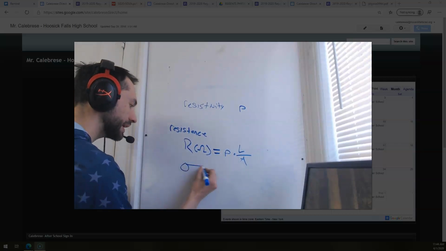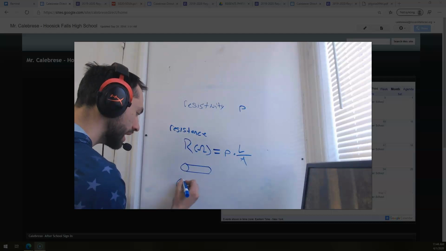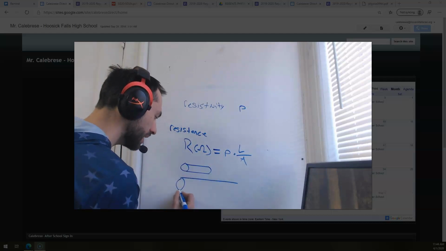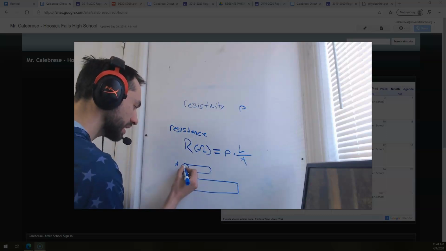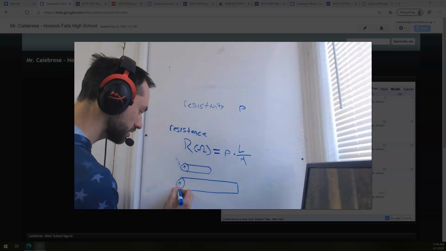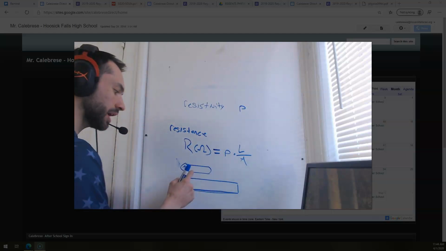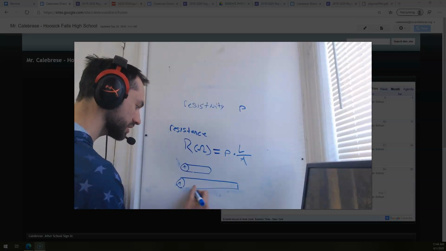And so if you have two things that are exactly the same material, one looks like that, and one looks like that, and let's just say they're the same area. Those aren't great, but I should make this one a little smaller. If they're the same area, this one will have a smaller resistance because it's shorter. These are supposed to be the same cross-sectional area.